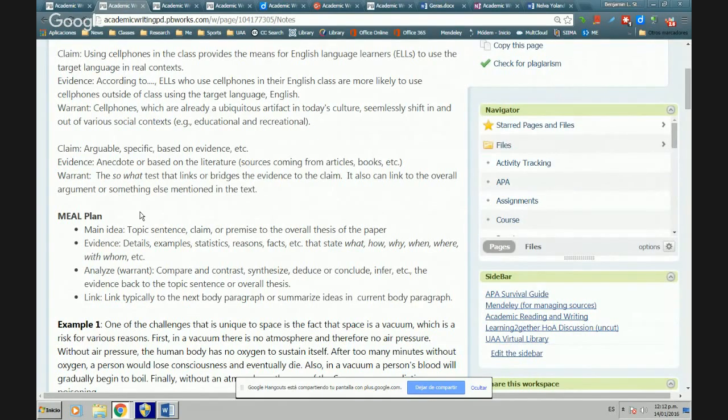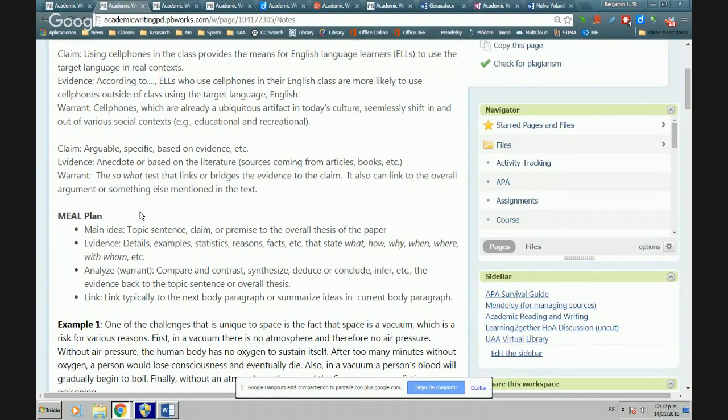But we can also think in body paragraphs, we can look at claims, which typically are going to be the main idea, evidence, which actually is the same thing, and this idea of a warrant. A warrant is simply a way to connect the evidence to the main idea in the topic sentence.